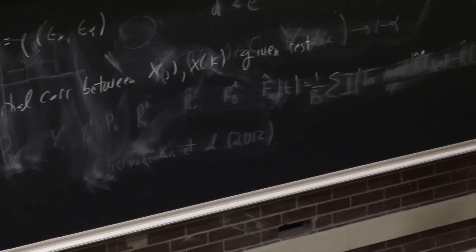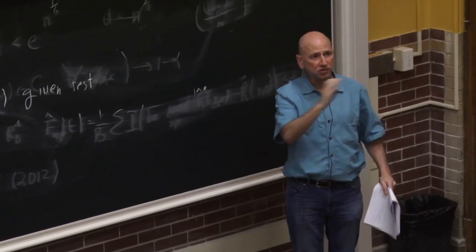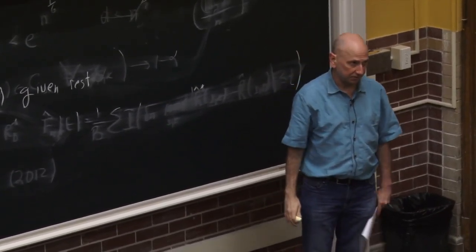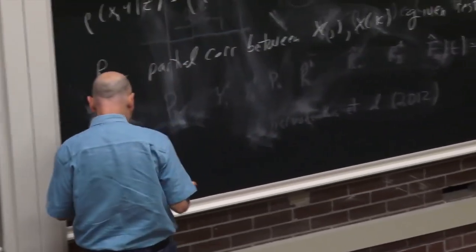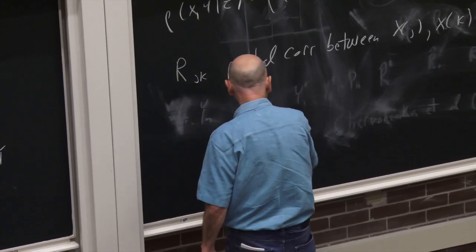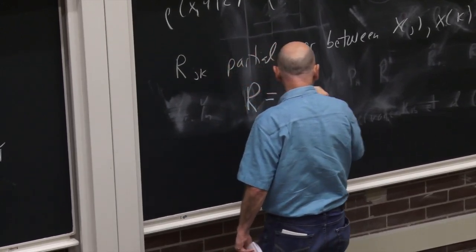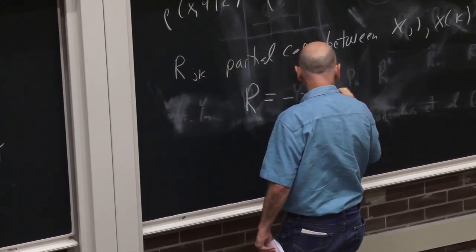So for each pair of nodes in the graph, we want the partial correlation between those two nodes given all the other variables. That's what we want to compute. So this is a matrix now, a D by D matrix. And it turns out that there's a nice simple formula, which is simply this.